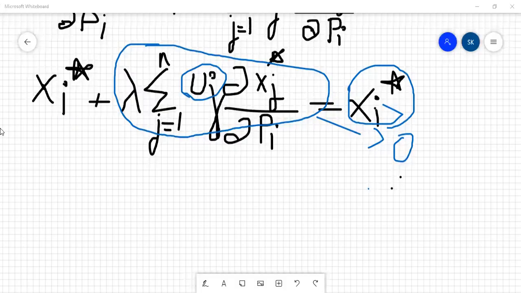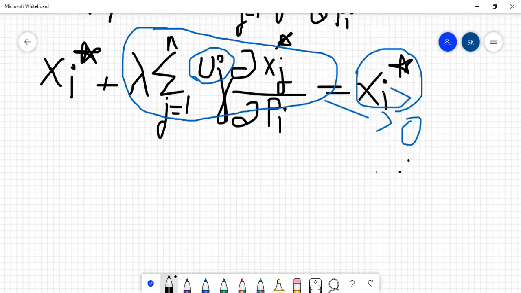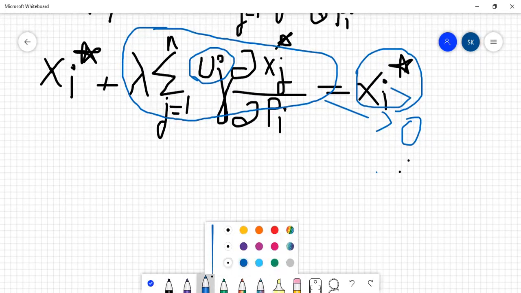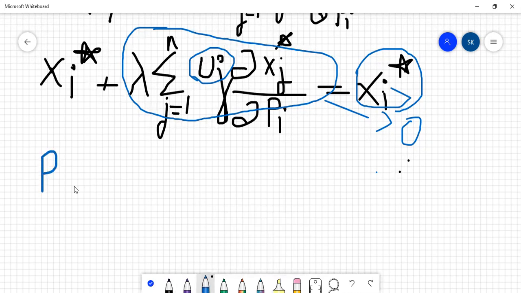So we can also say that pi is equal to lambda ui. Now, lambda is multiplied by u because the utility function is the constraint function.